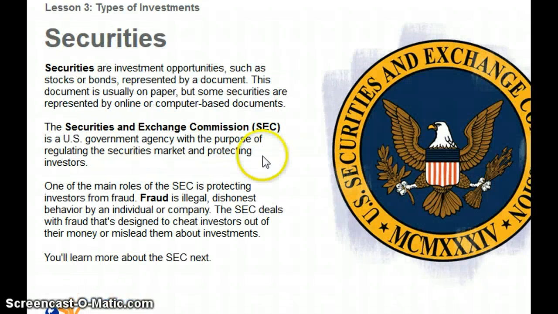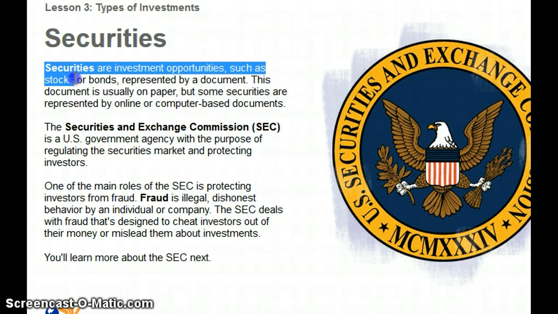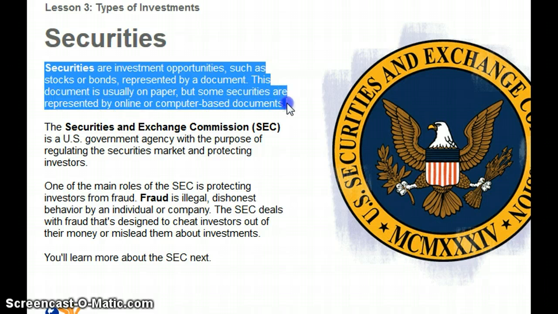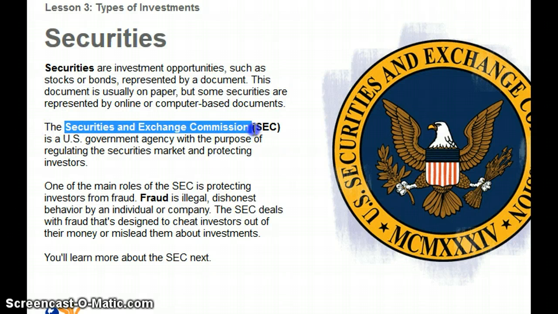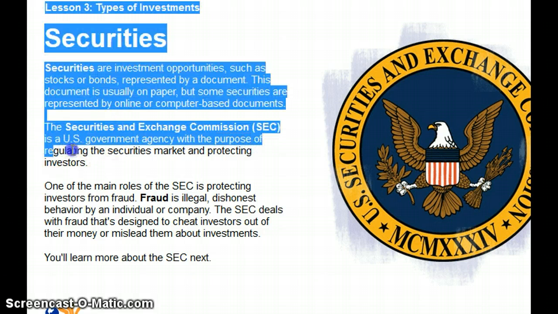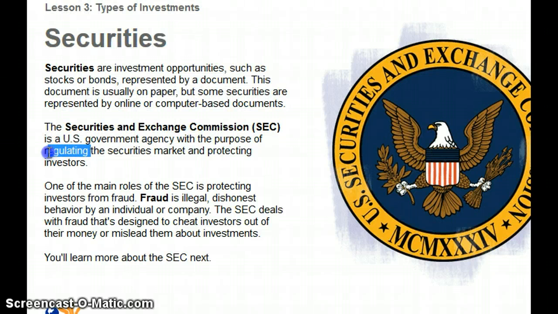Securities are investment opportunities such as stocks or bonds represented by a document. This document is usually paper, but sometimes it's an online computer-based document. The SEC, Securities Exchange Commission, is a U.S. government agency with the purpose of regulating securities.